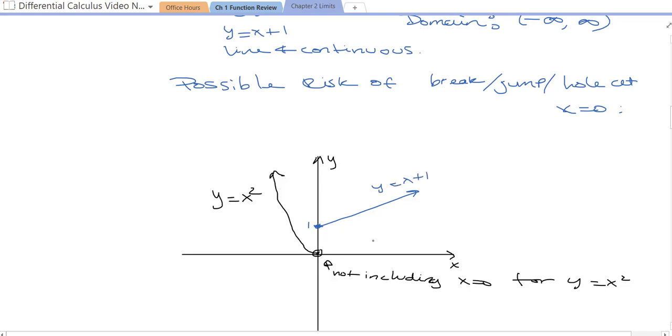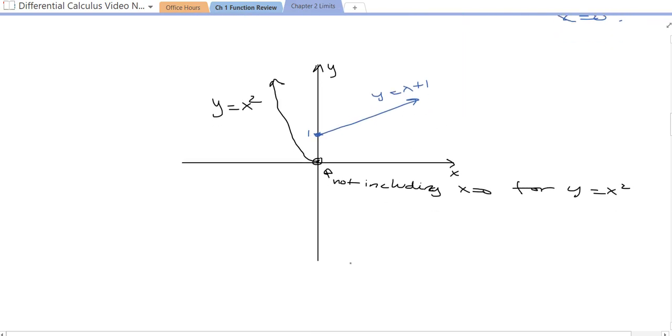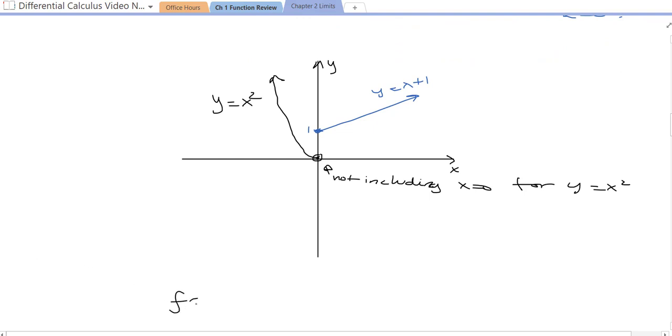So now, is this function continuous? If you were going to draw it in one swoop, I would be drawing my parabola, but then I have to pick up my pen from the paper and draw the y equals x plus 1. So then this function is not continuous, right? F of x is not continuous because it has a jump.